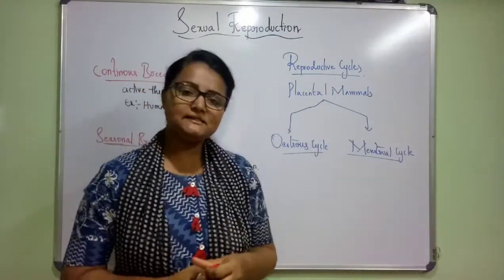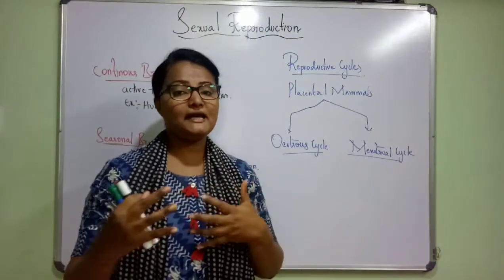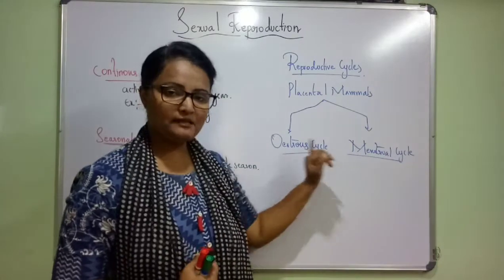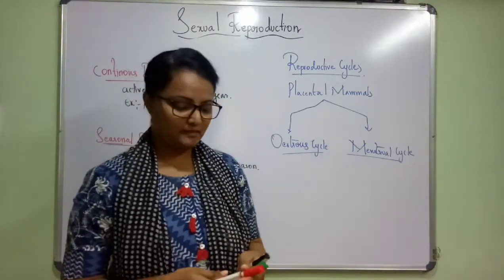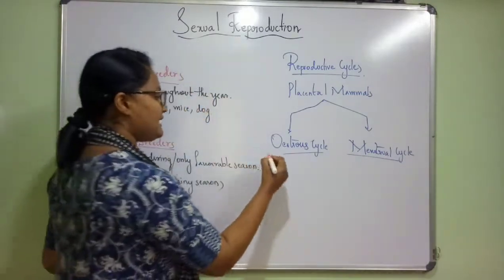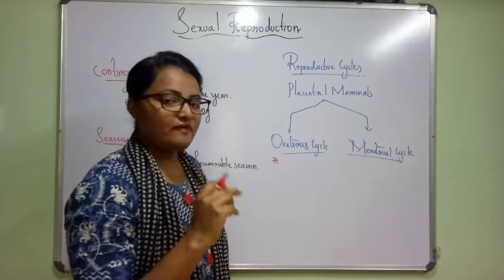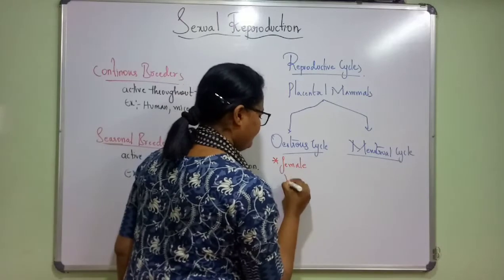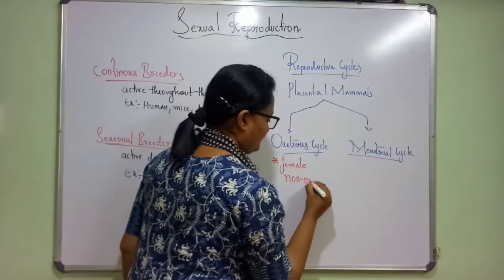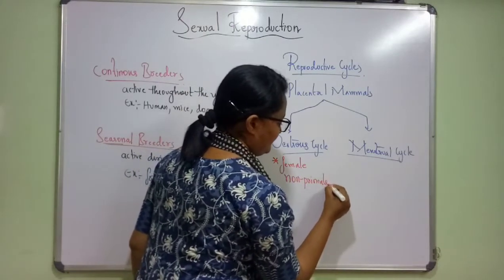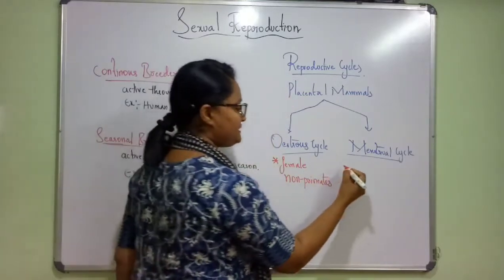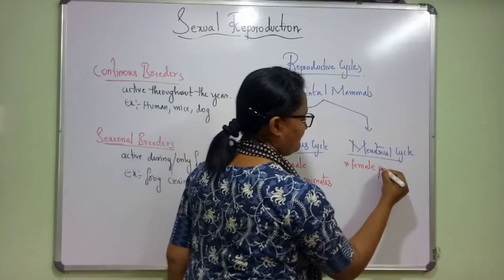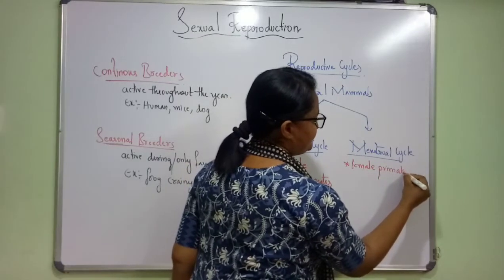With respect to the placental mammals, they show different kinds of reproductive cycles. One is the oestrus cycle, another is the menstrual cycle. The oestrus cycle we can find in female non-primates, whereas the menstrual cycle is in female primates.